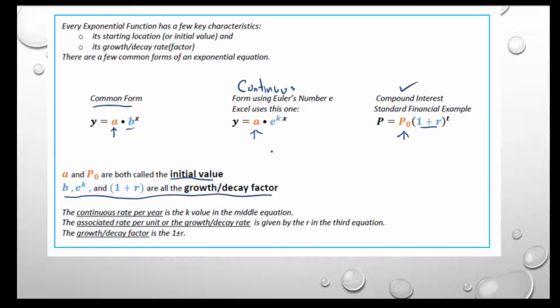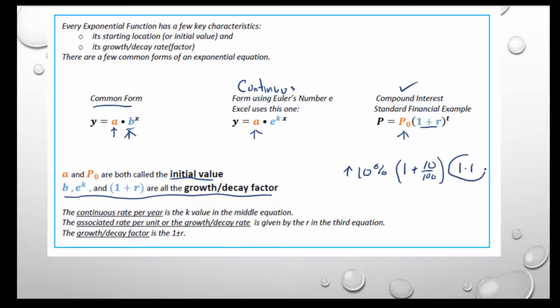Now they work a little bit differently. B is pretty simple, okay? If we're going to increase something by 10%, as an example, you would just take 1 plus 10 over 100, put that in your calculator, and you're going to get 1.1.